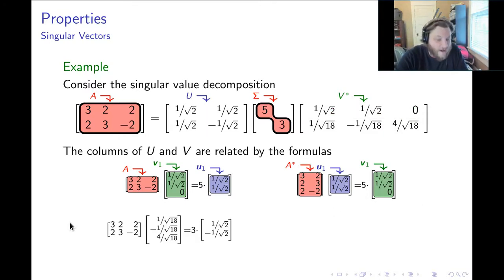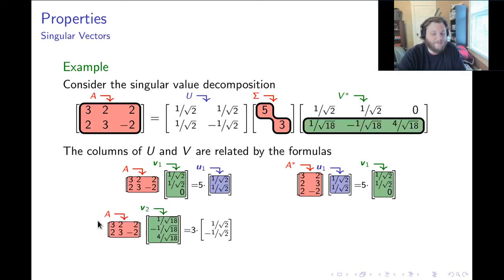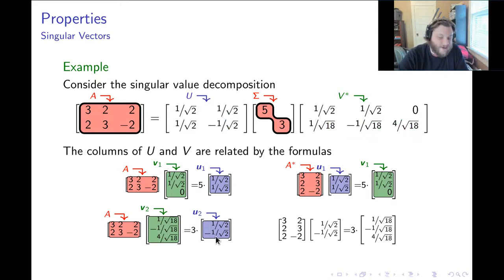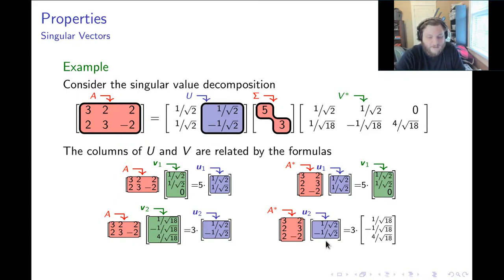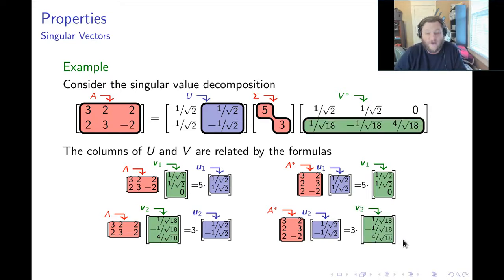If we take our matrix A and multiply by the second column of V, this should produce the second singular value 3 multiplied by the second column of U. And finally, if we transpose A and multiply by the second column of U, this should produce the second singular value of our matrix multiplied by the second row of V conjugate transpose.